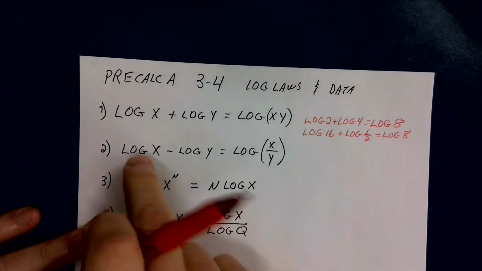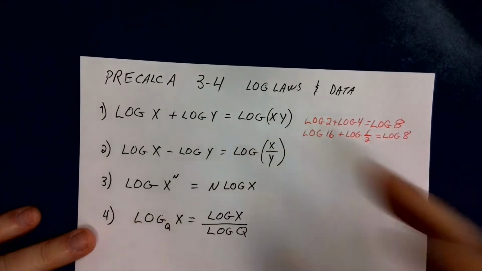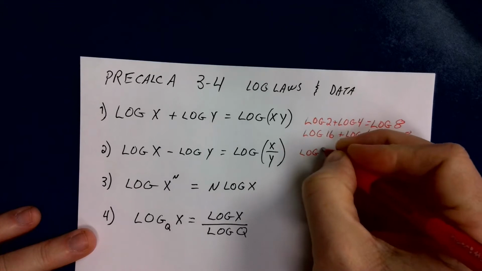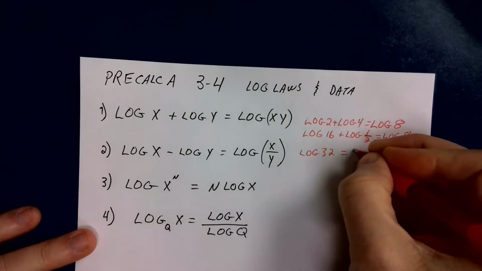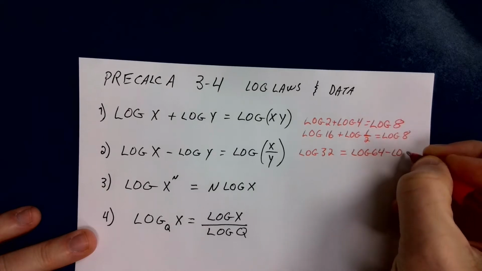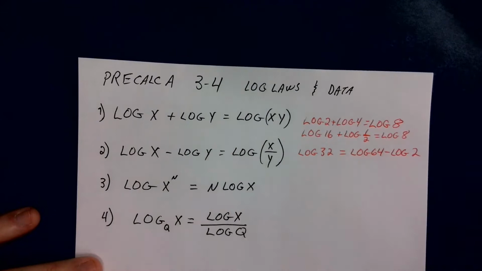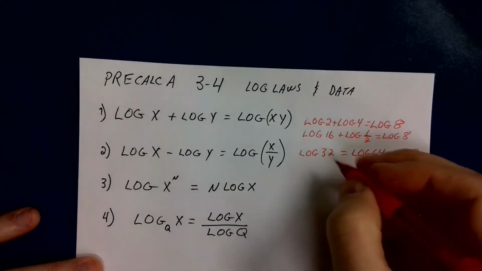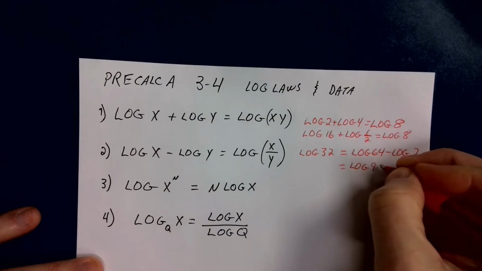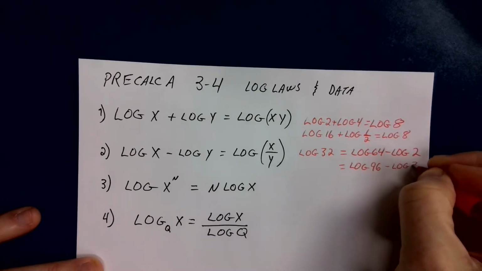The second one says that if I take 2 logs and I subtract them, that's the same as a singular log of their quotient. So let me write them backwards this time. So log 32 is equal to the log of 64 minus the log of 2. Now I could also write the log of 32 is equal to the log of 96 minus the log of 3.